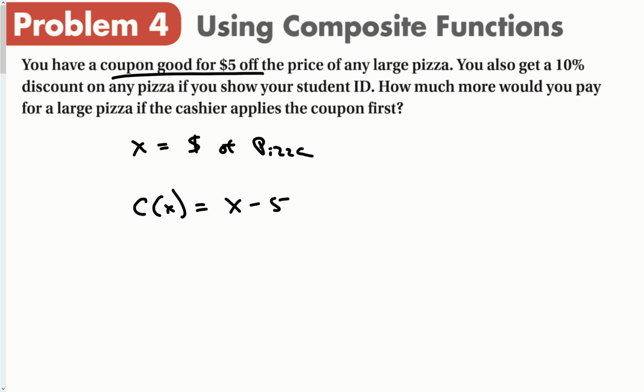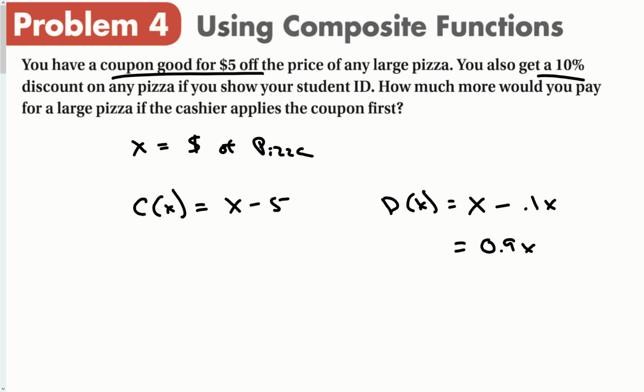The discount function does something a little bit different. You get 10% off. So you have to pay for the pizza, and then you subtract off 10%, 0.1 times x. Combining these like terms gives me 0.9x. If you take 10% off of a pizza, you have to pay for the other 90% of it.